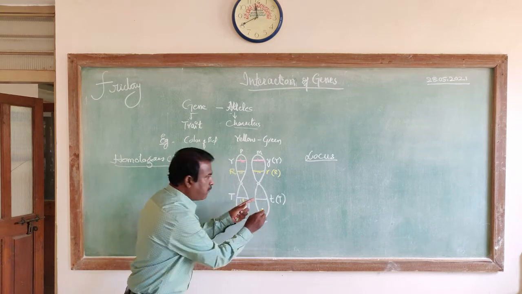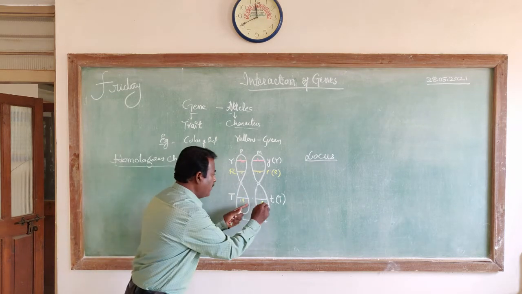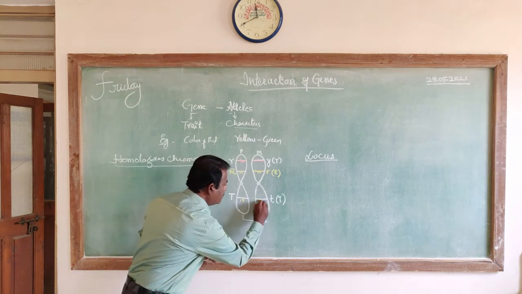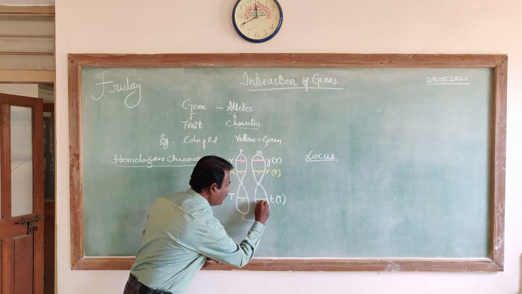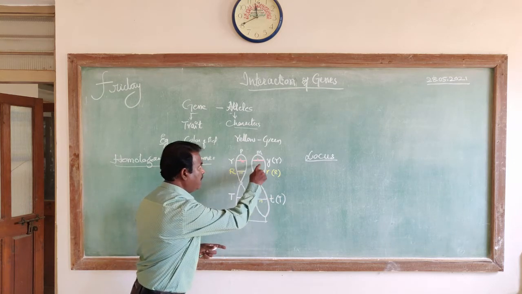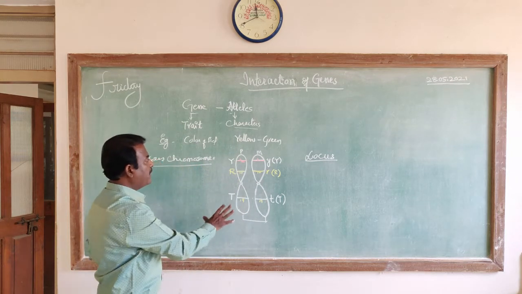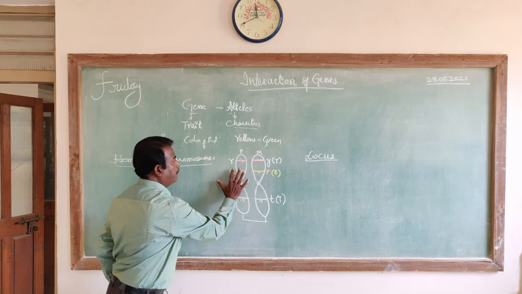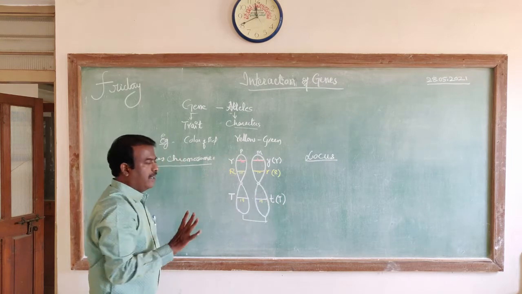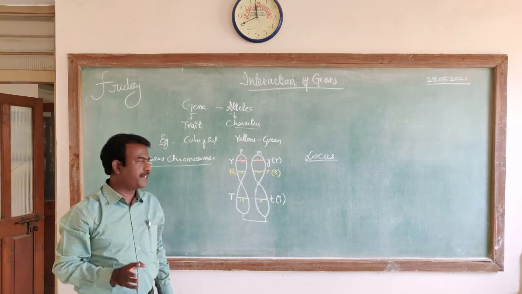Corresponding to that, the allele for the same trait, for expressing height of the stem, must also be present at the same position in its maternal chromosome. This is how we say that these alleles belong to the same locus. This is most important to understand.